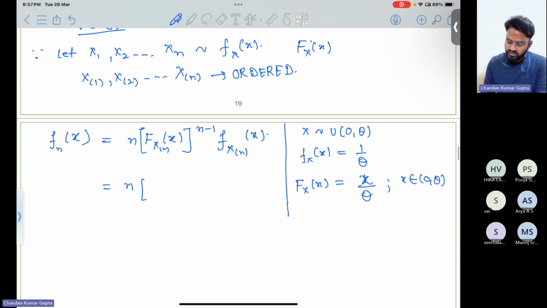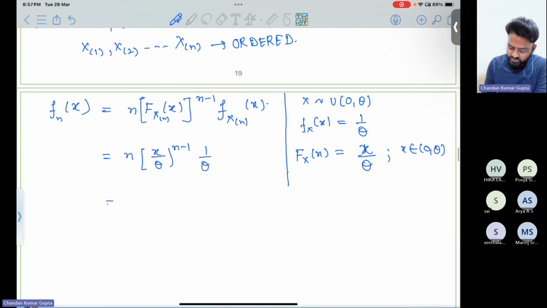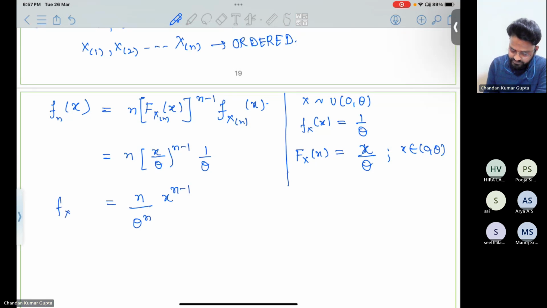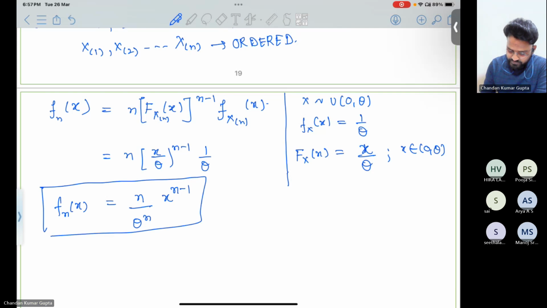Okay, so it's x upon theta to the power n minus 1, and it is 1 upon theta. So it is n upon theta to the power n, x to the power n minus 1. So this is the PDF of Xn.